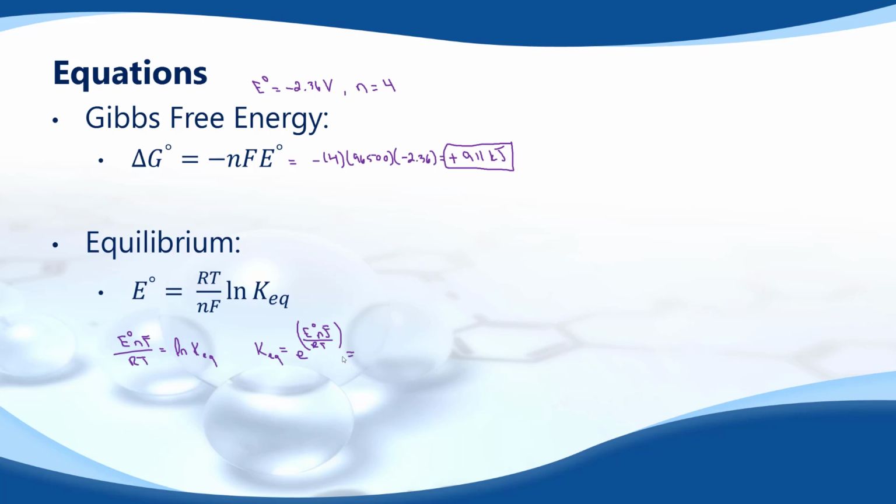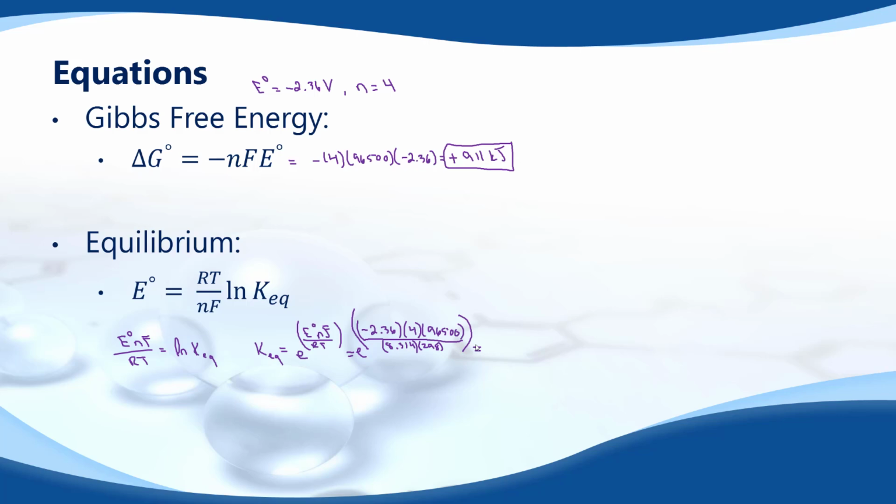Right, so plug everything in, and we're going to get negative 2.36 times 4 times 96,500 over 8.314 times 298, parentheses around the whole thing, e to that.